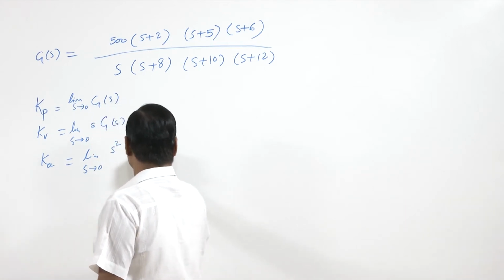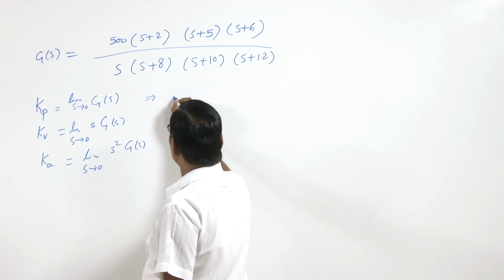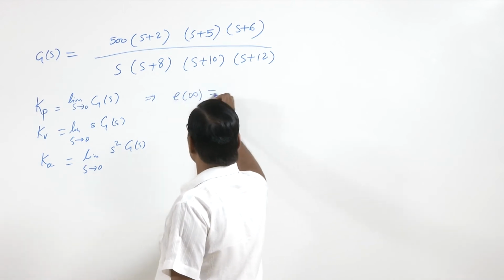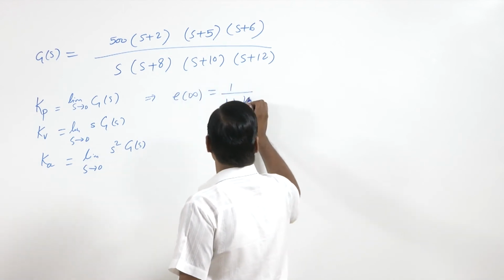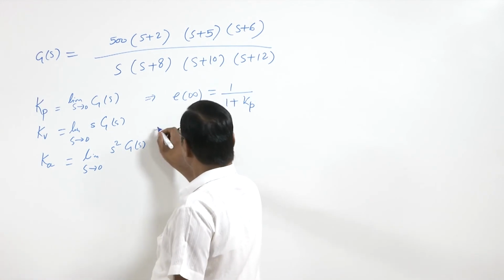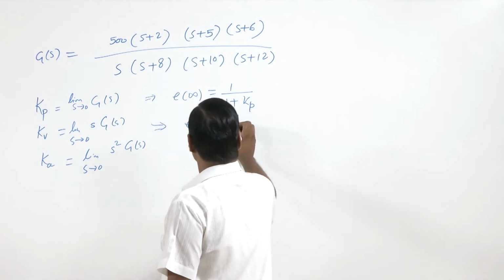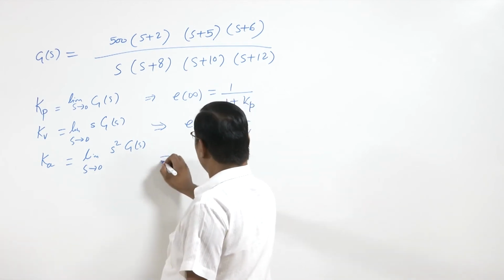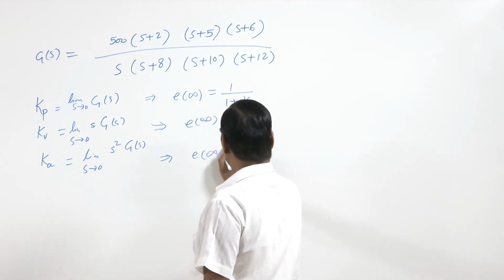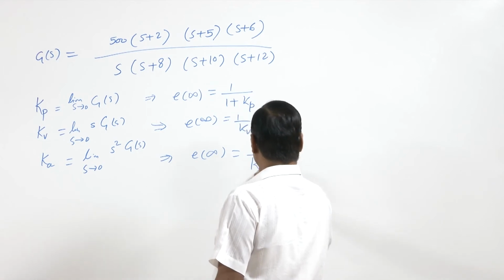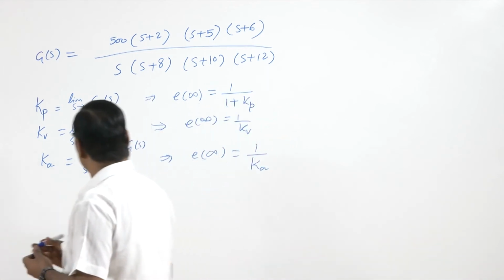From here we find the static error e infinite equal to 1 over 1 plus Kp, then e infinite equal to 1 by Kv, and e infinite equal to 1 by Ka. These formulas we have already discussed.